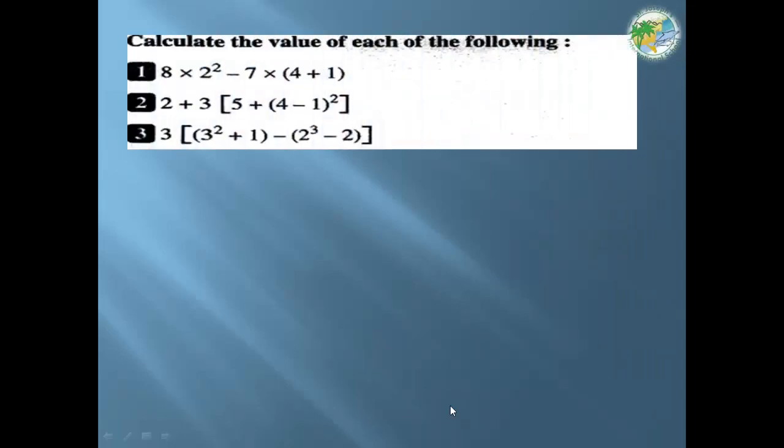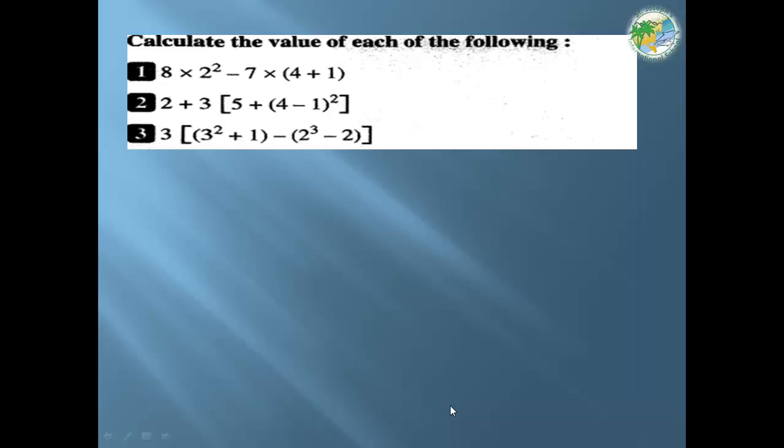Calculate the value of each of the following. Number 1, (8 plus 8) times 2 power 2 minus 7 times (4 plus 1). How can we solve this numerical expression without using a calculator?